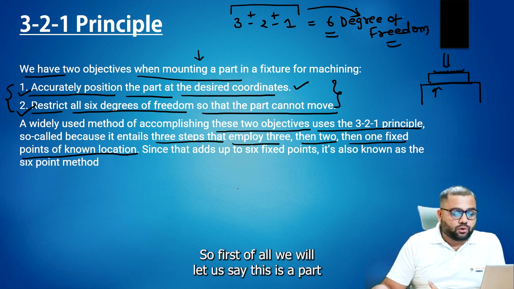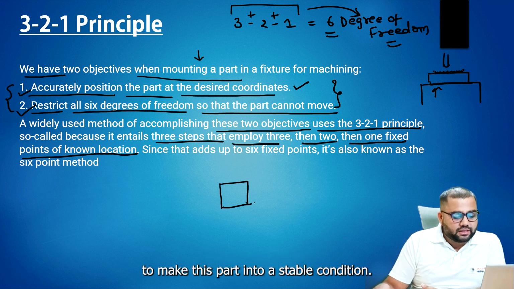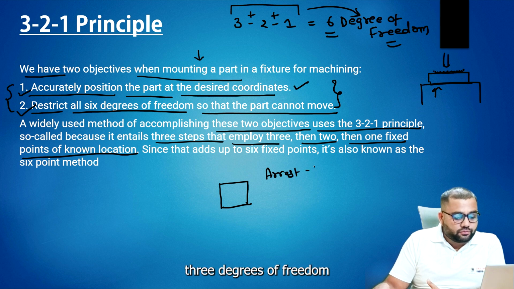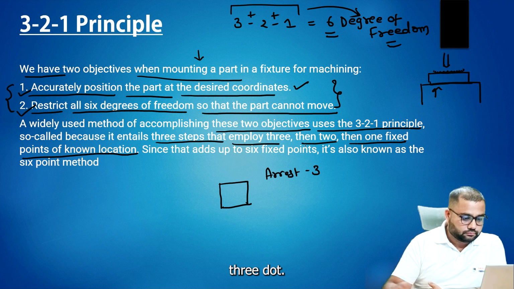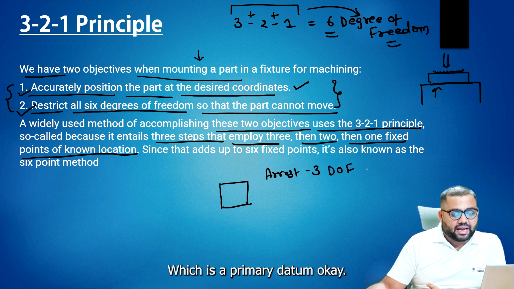First of all, let's say this is a part and we have to make this part stable. First we will lock or arrest 3 degrees of freedom, 3 DOF, which is the primary datum.